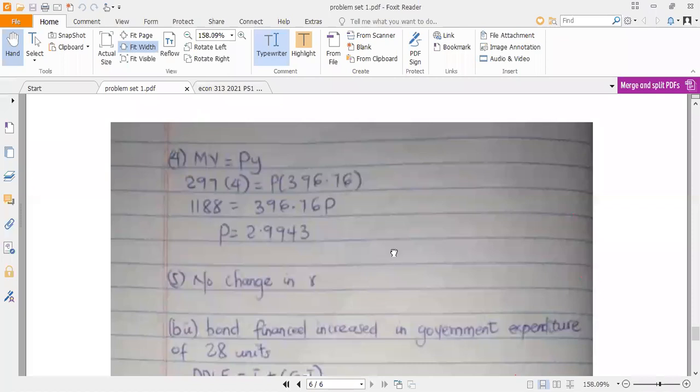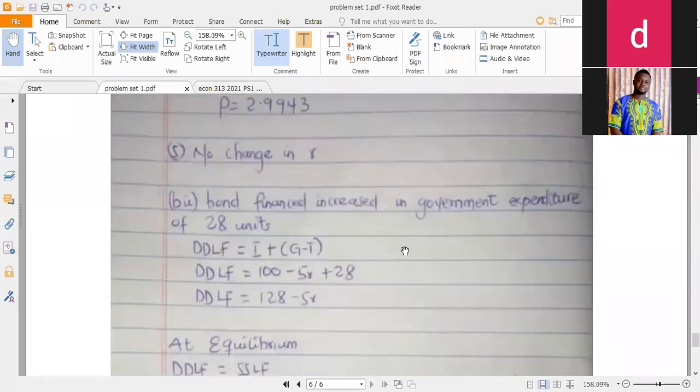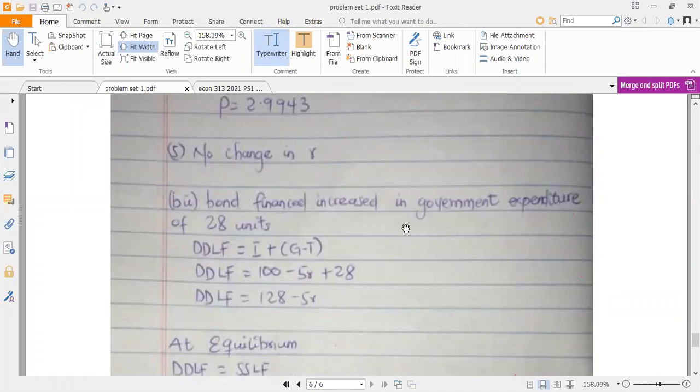You're welcome. Right, so that is the effect of the first policy where they reduced the marginal tax rate, okay? The second policy was a bond financed increase in government expenditure of 28 units. So this one will affect the loanable funds market. The demand for loanable funds is the sum of investment and the bond financed government spending.